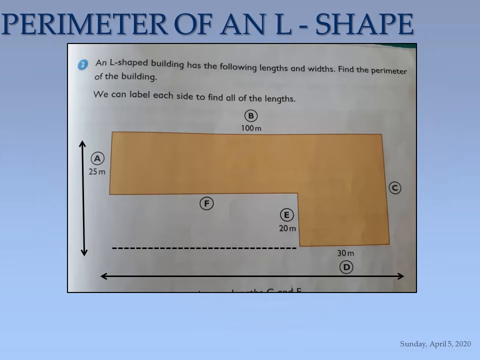Now, if the dotted part is 70 meters, look up at side F. Is it not a rectangle now, and is it not already opposites? Yes, it is. Now it means we have automatically found side F as 70 meters. That's quite easy, right? Great.